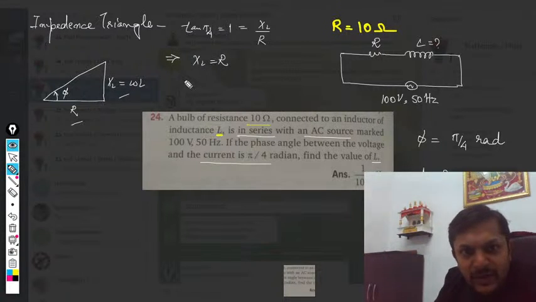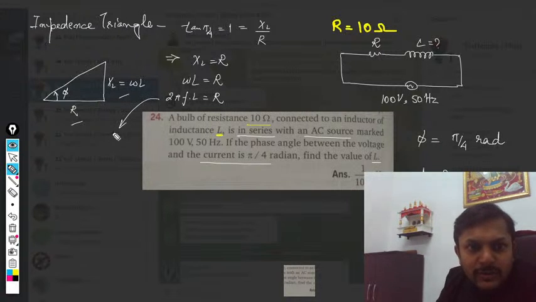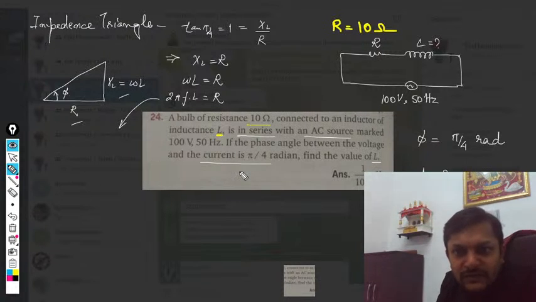तो XL की यहाँ पे वैल्यू पुट कर दो भाई। ओमेगा L is equal to R. ओमेगा कैन बी रिटन एज 2 pi f into L. तो इसको अब हम यहाँ पर लेकर जाते हैं। So what are we supposed to find?